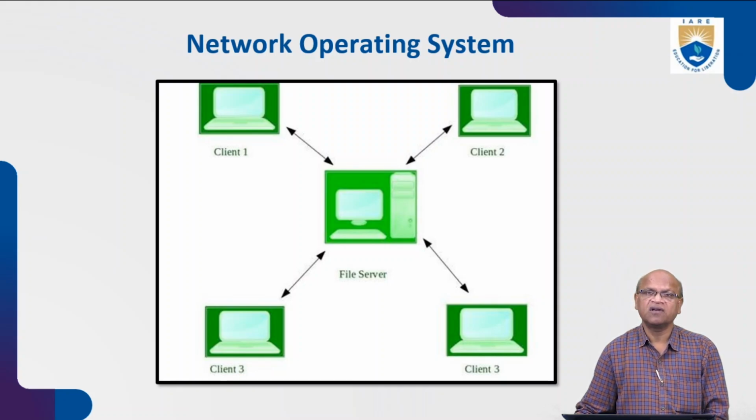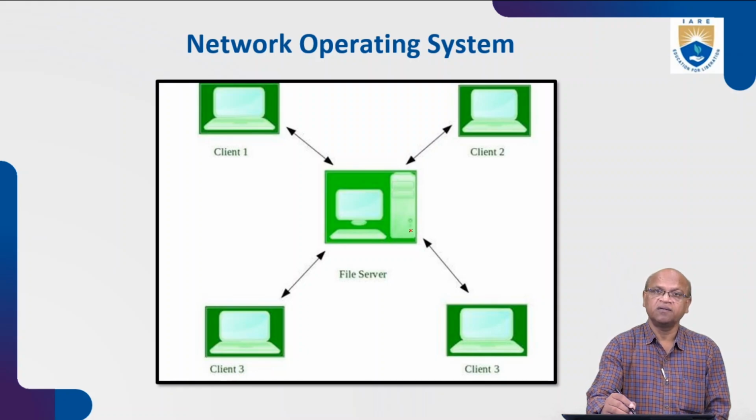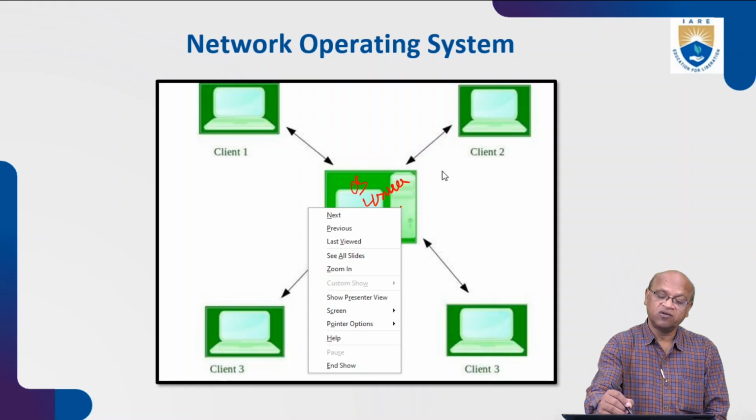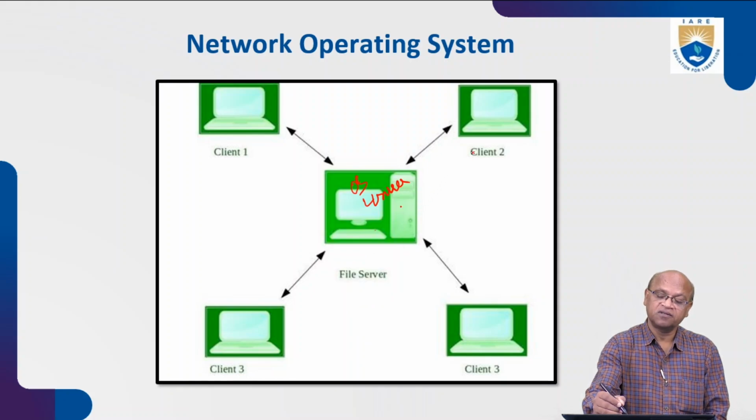Say one client is logged into a server. The server will be giving service to client one. Meanwhile, some client two also logs in. In that case, whatever the OS in the server, Linux, has multi-threading concepts, so it will create a Xerox copy of the OS, the Linux, and hand it over to handle client 2.